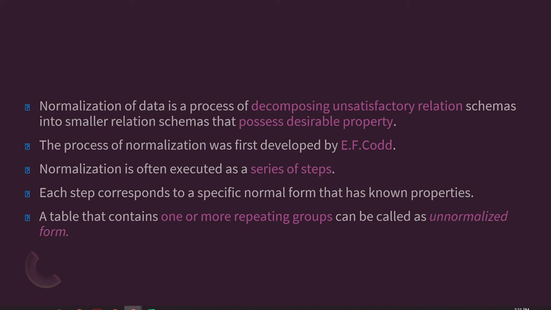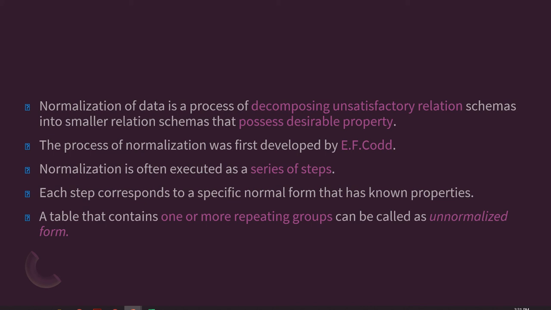Actually the normalization process was first developed by E.F. Codd. And there are different types of normalization: first normal form, second normal form, third normal form, and so on. In each of these normal forms, we try to eliminate certain properties.